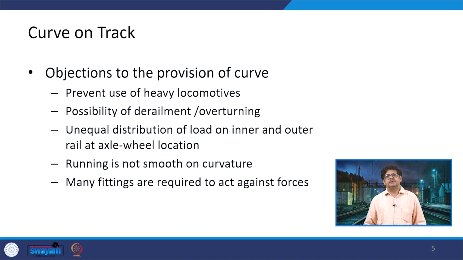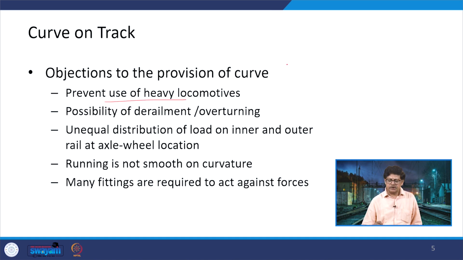But there are certain objections to the provision of the curve, that is, why curves should not be there. Some of the objections are related to either smooth riding, the use of the rolling stock, or the possibility of certain types of eventualities which may happen. The first one is that it prevents the use of heavy locomotives.